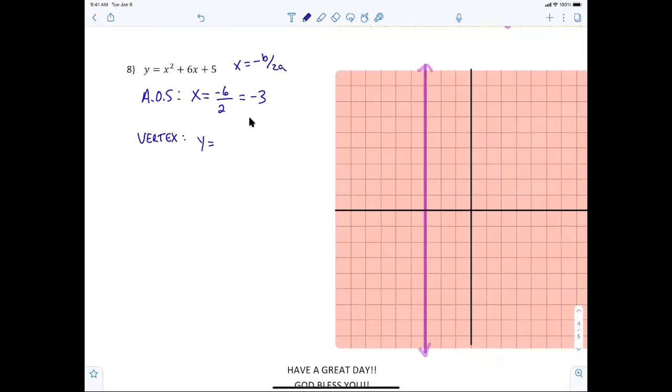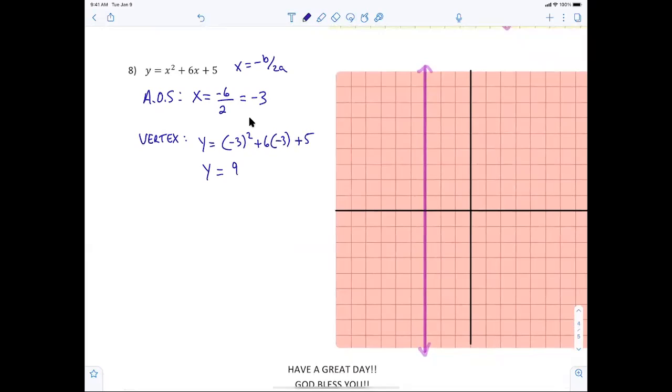Y equals parentheses -3 squared plus 6 times -3 plus 5. You might be right. 9 minus 18 plus 5. What is it? -4. Yeah, -4. So my vertex is located at -3, -4.